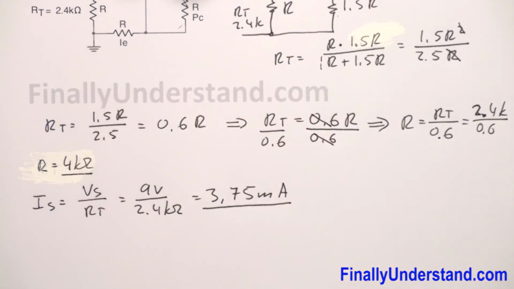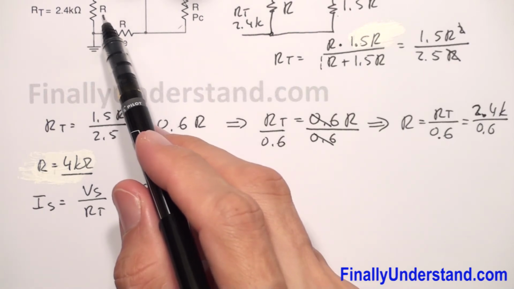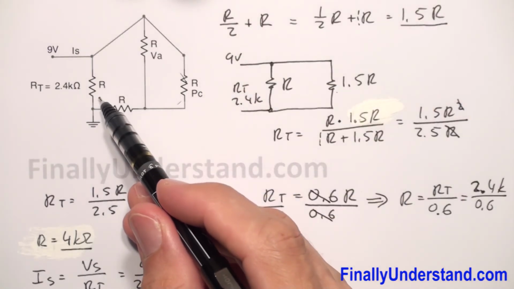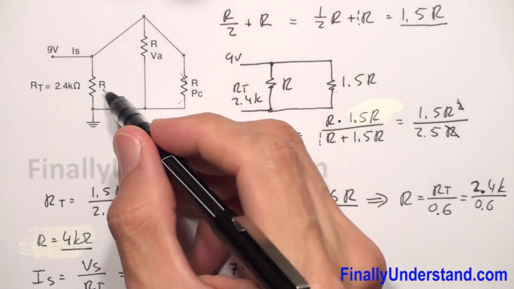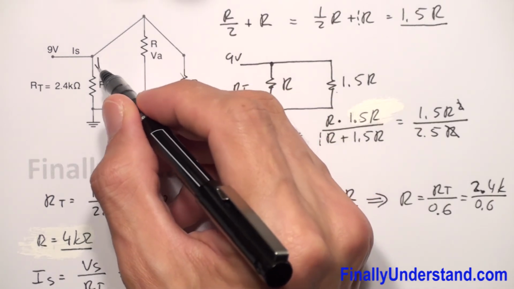Next, I can find the current which goes through the resistor R. Okay, this is my first resistor over here. Let me call this current I1.